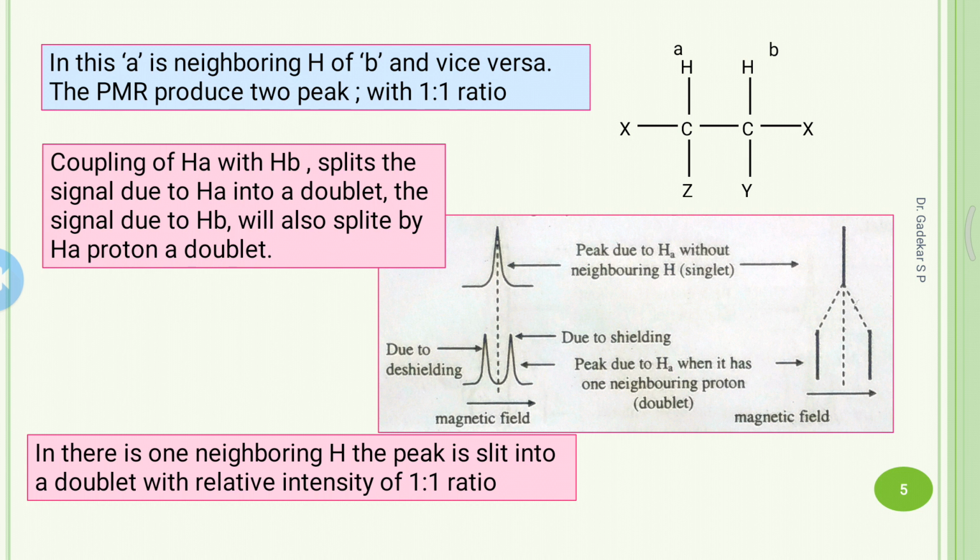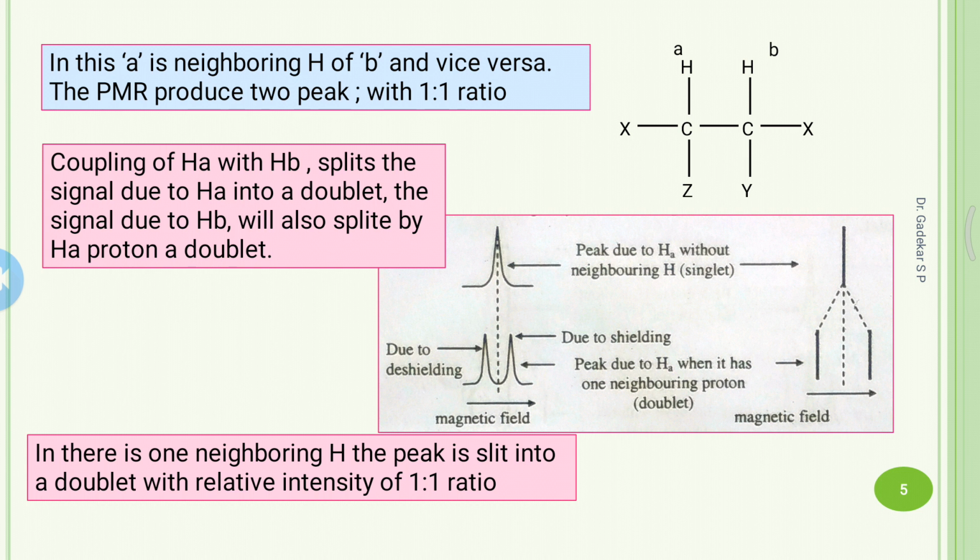At low resolution the peak gives a single signal, but at high resolution it is split into two signals. One is at low field and the other is at upfield. The low field signal arises because the spin is parallel, due to de-shielding, so the chemical shift is at lower field.